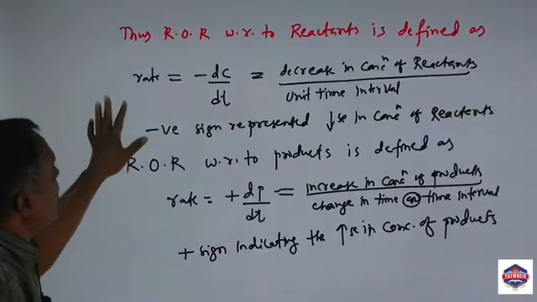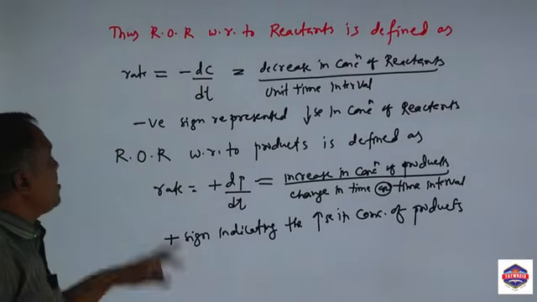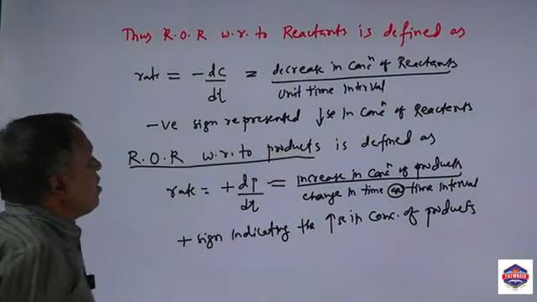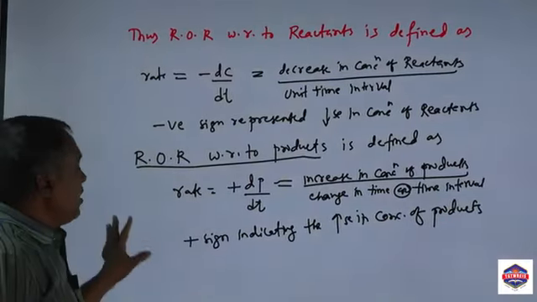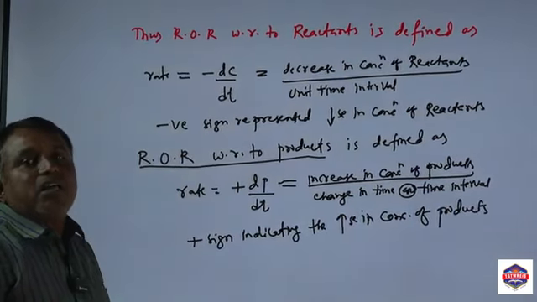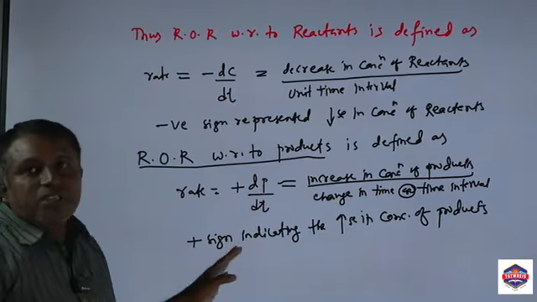So there are two different types of definitions of rate. One is rate with respect to reactants, and another is rate with respect to products. This is based on one simple concept: in any chemical reaction, concentration of reactants initially is high, and at the same time concentration of product is 0.